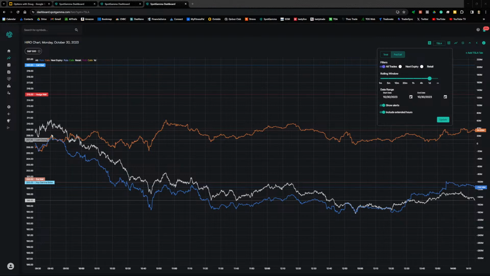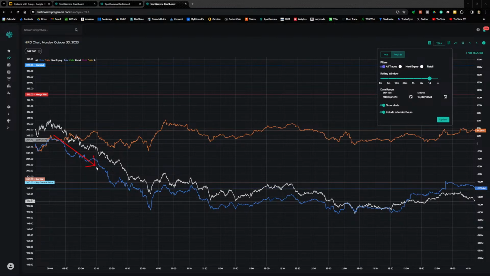That stopped just 10 minutes after the cash open. Started aggressively buying puts, stopped buying calls, and price moved lower. So just the opposite of Microsoft, when traders buy puts, market makers sell the puts, and they have to sell stock to hedge their delta exposure.